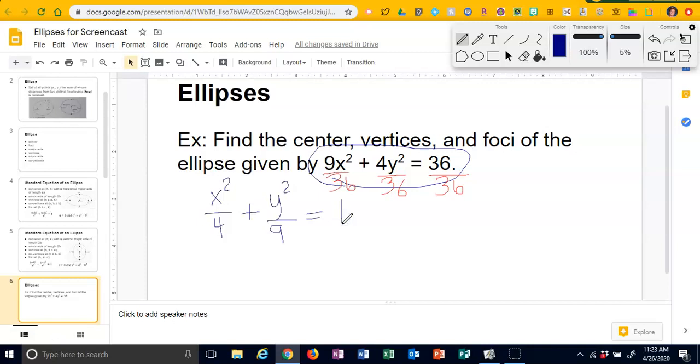So now it's pretty much in the standard form. And you might be saying, well, where are the parentheses that are being squared up here? Well, if you wanted to, you could write it over here.